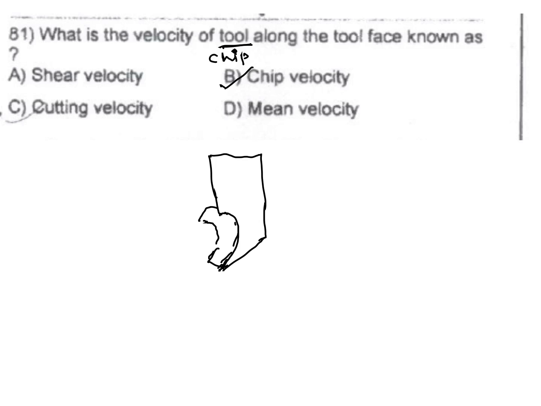In our diagram, this is the cutting velocity Vc, then the chip velocity Vf in this direction, and Vs is the shear velocity in this direction.